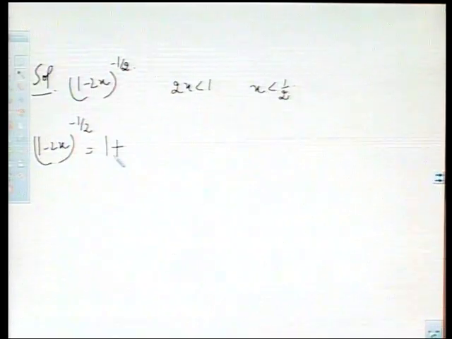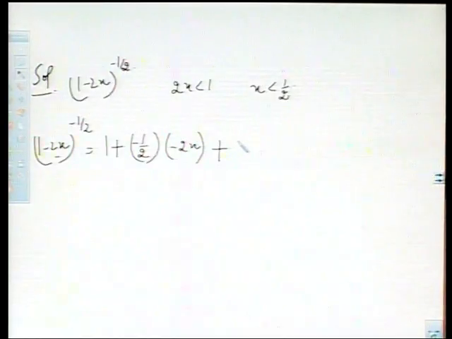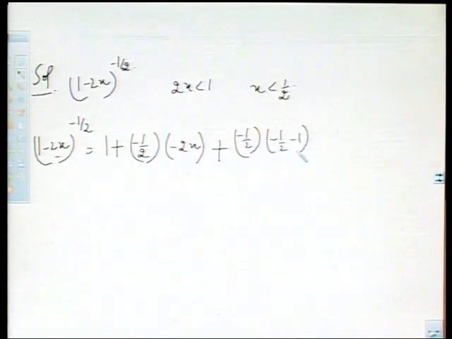We know the binomial 1 plus nx. What is our n? n is minus 1 by 2 and what is x? x is minus 2x, plus n(n minus 1) upon 2 factorial and x square. What is x? (minus 2x) square.